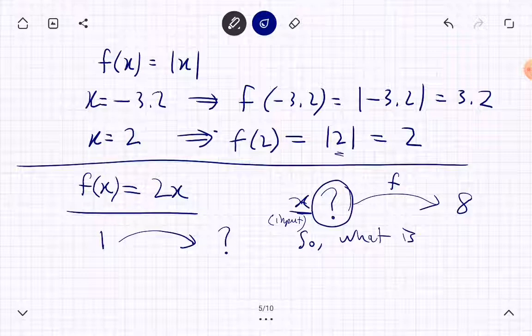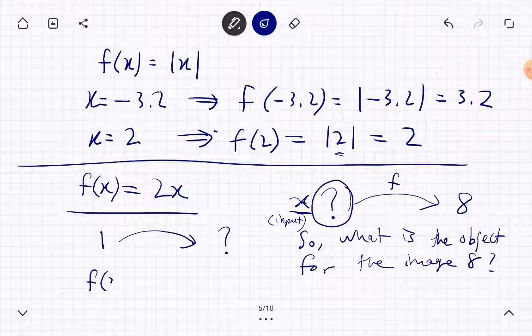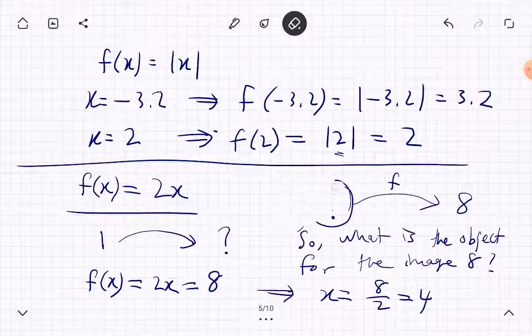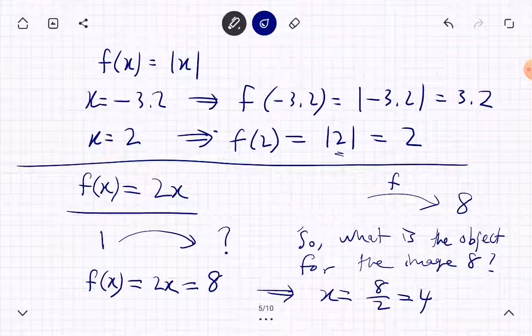So what is the object for the image 8? We know that the output is 2x. For any x, the output is 2x, and this is equal to 8. So x is 8 over 2, which is 4. So then we have our answer. This input is 4.